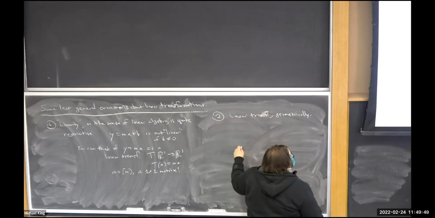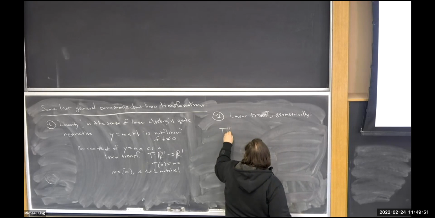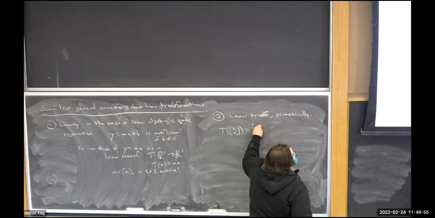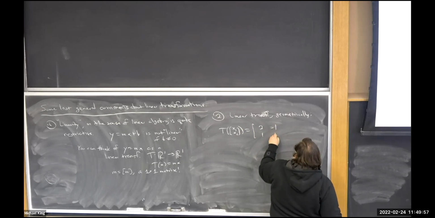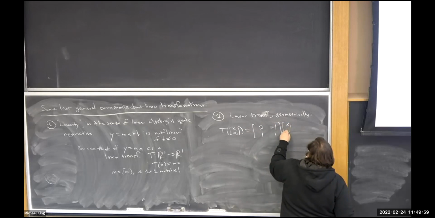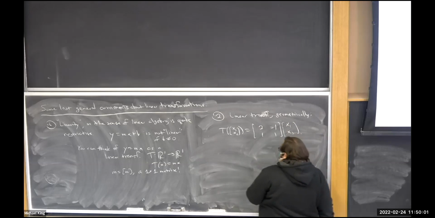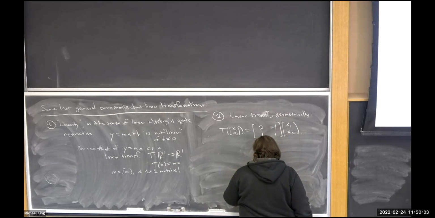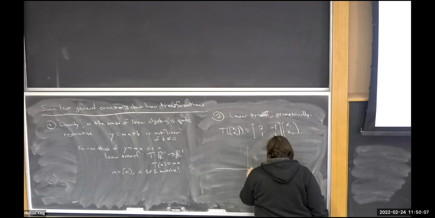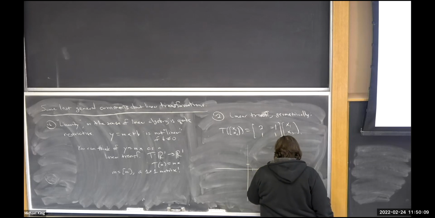So for example, we had T of (x1, x2) equals the matrix [2, -1; 1, 1] times (x1, x2). And so T of (1, 0), I'll just draw something kind of schematic here. It's not going to be perfect.